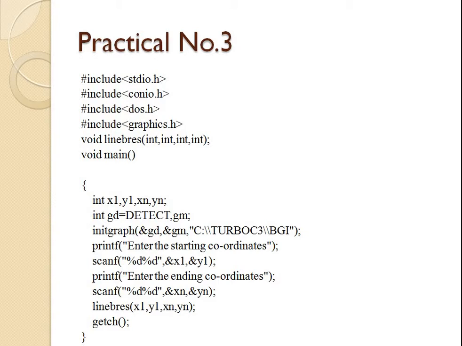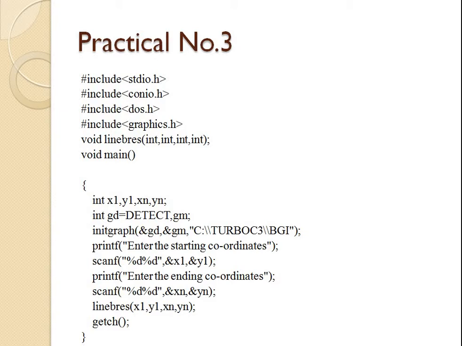Here we find the decision parameter p0 equal to 2 dy minus 2 dx. So first, initialize the point x0, y0; second, plot the point; third, calculate delta x, delta y and the decision parameter value.